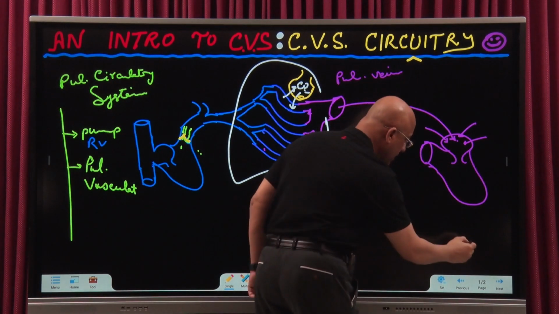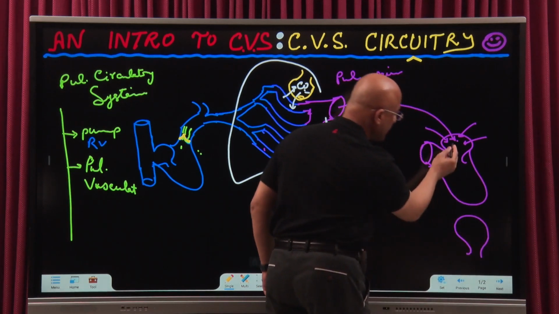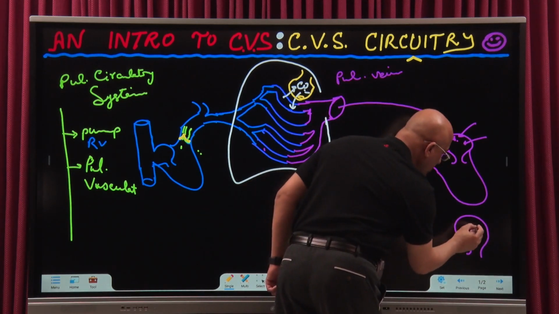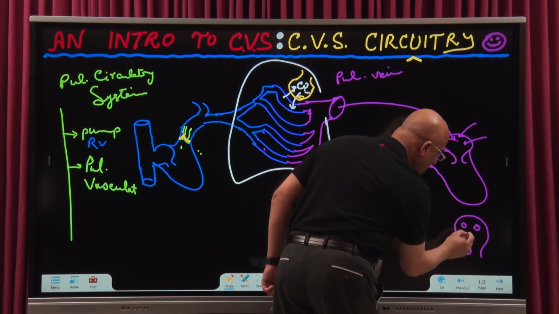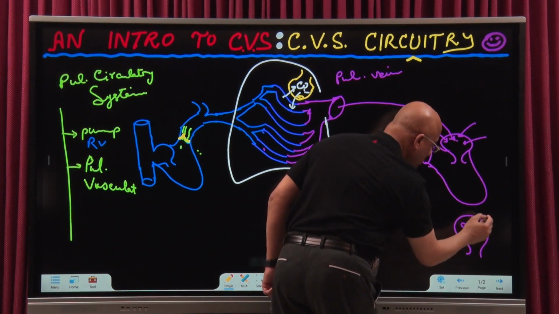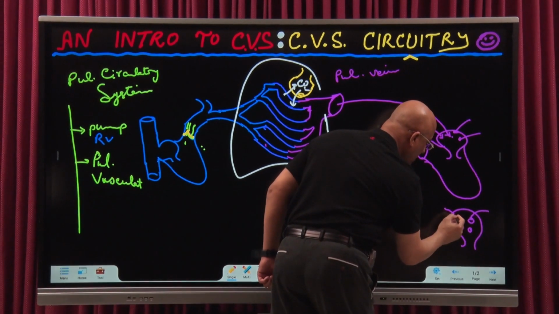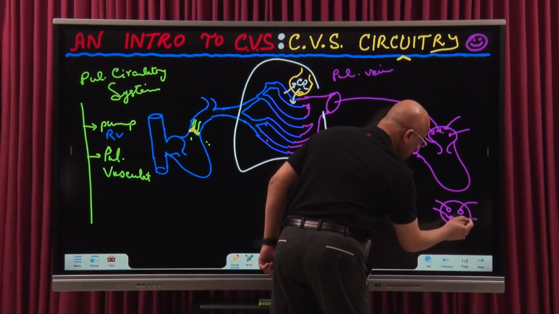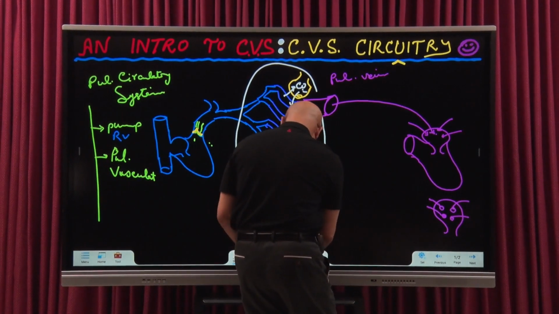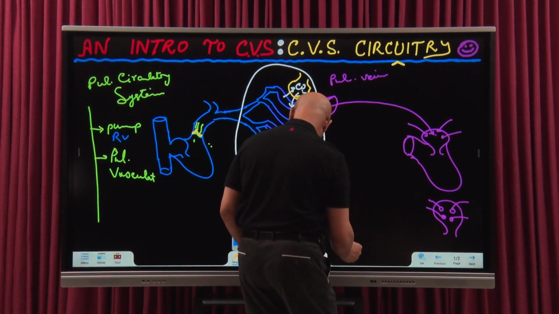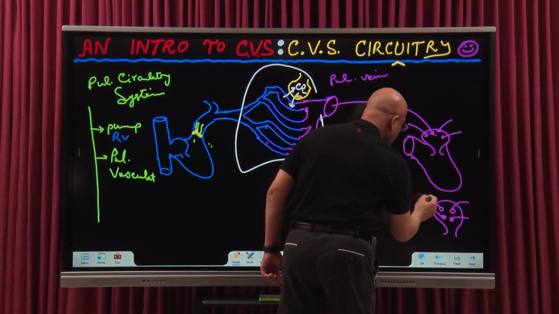So if we make, what is this? Left atrium. So we can make it 4 areas. And what is this? Pulmonary veins. And these veins are coming from, what is this?